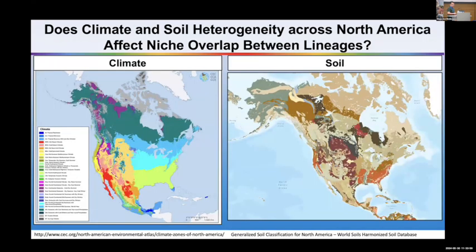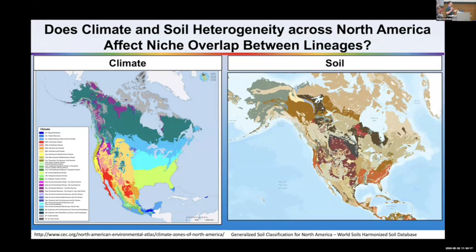So just to think about Asclepias in this scenario, these are maps of the climate and soil zones of North America specifically. And we can see that in the western part of the country, or continent rather, there is a greater heterogeneity of these environments.